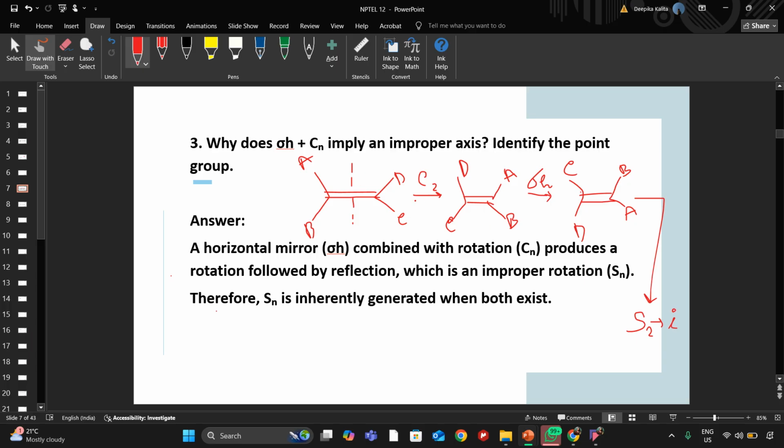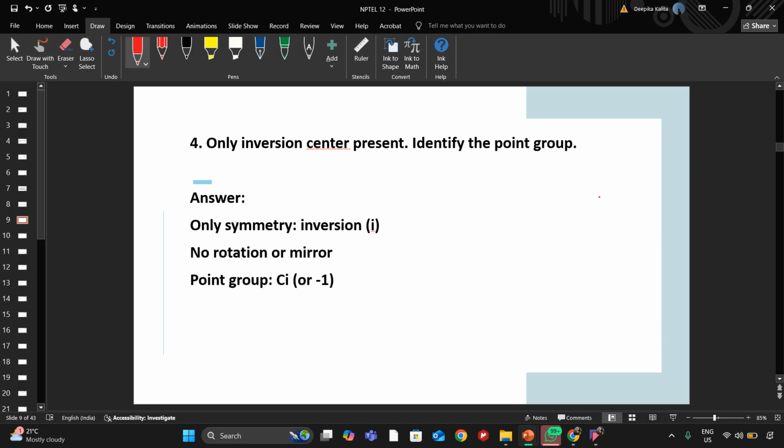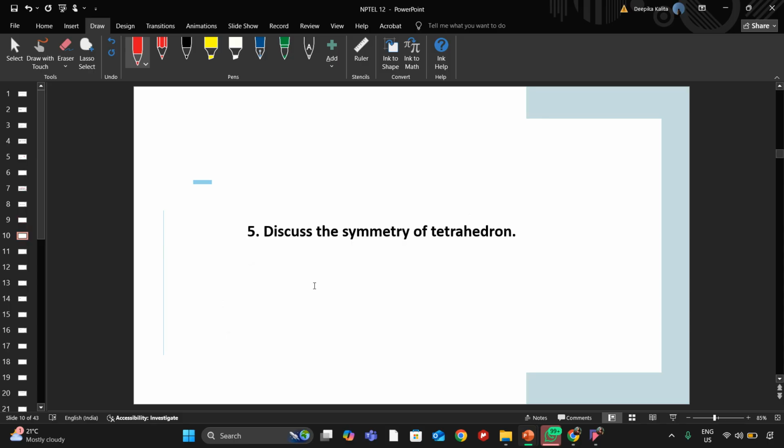So this example is going to have the point group Ci when we have Cn to be C2. Next question we have: discuss the symmetry of a tetrahedron.